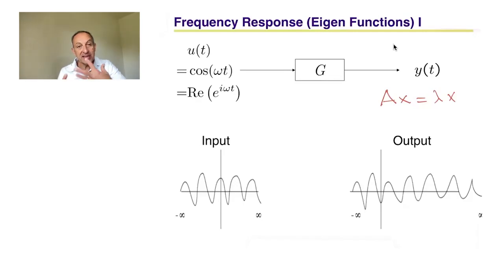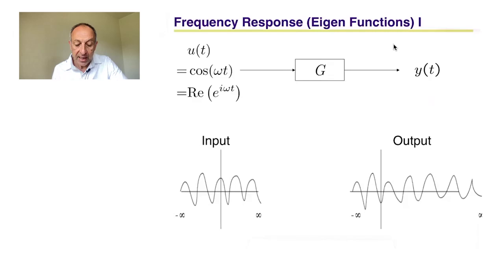Of course, linear systems are an exaggerated version of a matrix. They're just an infinite dimensional matrix. So what are the eigenvectors of a linear system? They are actually the complex exponential functions. And so we are going to try to verify that and use that as intuition.